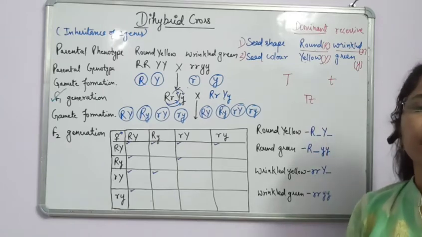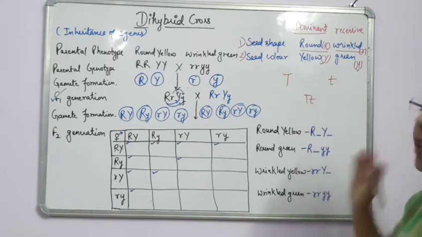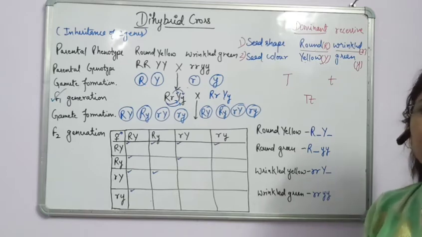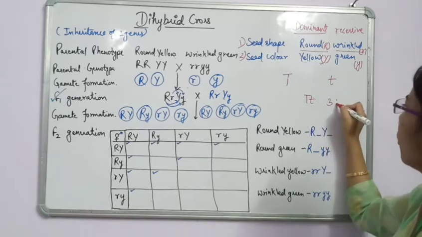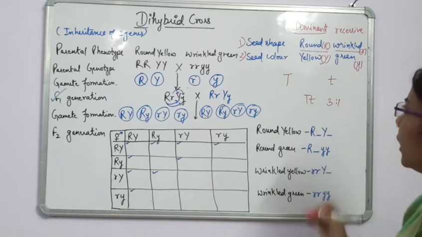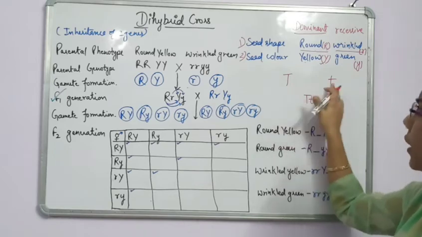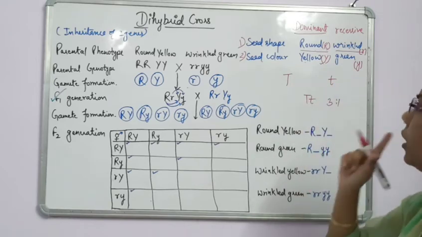After the F2 generation, the phenotypic ratio was 3:1.